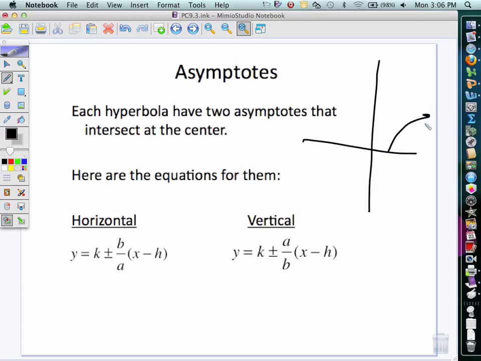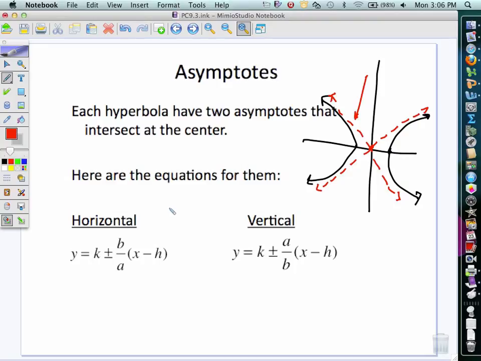If I have a hyperbola that opens to the right and to the left, like this, then the asymptotes cross through the center and are lines that the graphs slowly approach but never cross. These are the asymptotes.